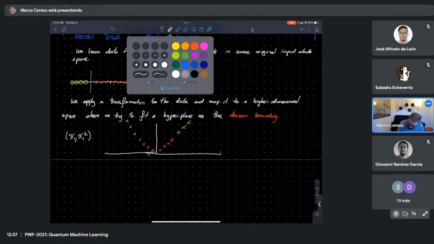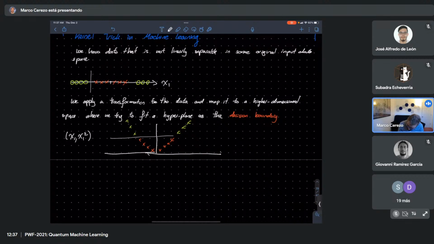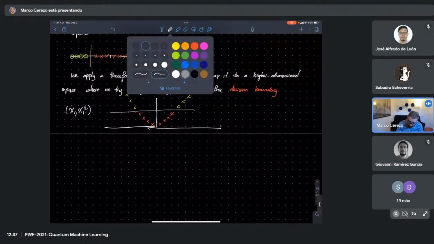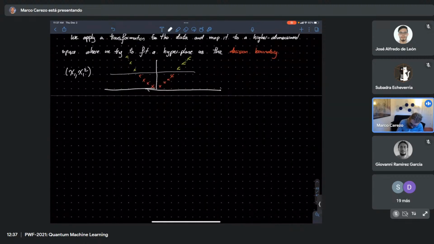And now here, you can see that there is actually a way to fit a plane that is going to split my data so that everything that is on top of this plane belongs to one class, and everything that is below this plane belongs to another class. And this is a trick that we can do not just from 1 to 2-dimensional space. Imagine now that I have a 2-dimensional space where I have data x1, x2, and this data is in this form.